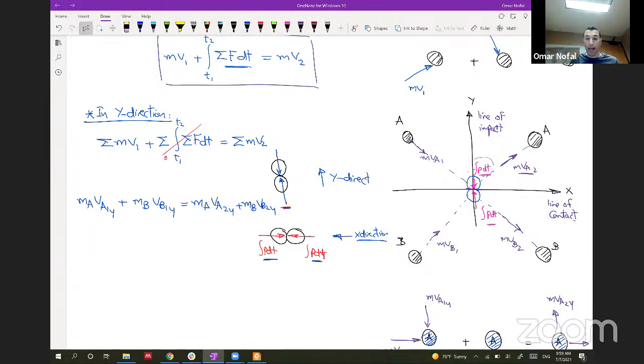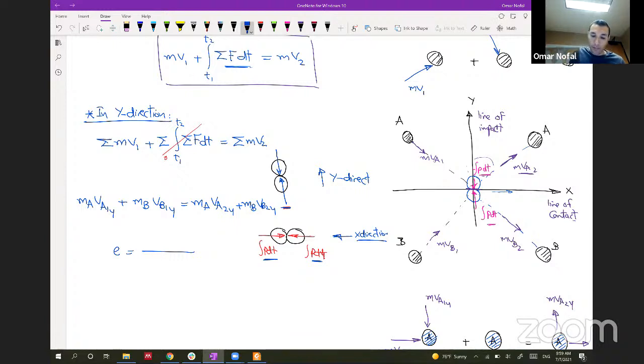And in the direction that we have momentum in, we can apply the restitution coefficient. The restitution coefficient is only applied in the direction where we have impulses, because in this problem we don't have impulses in x direction. The impulses are only in y direction. So these two equations are only applied in the y direction.